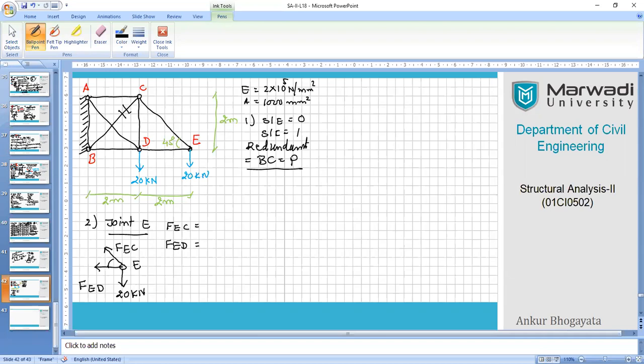You can simply divide this EC member which is inclined with horizontal axis by 45 degree. Divide them into components FEC sine and FEC cos and apply your old level of the knowledge of the analysis of the truss and obtain these two forces for me, right.